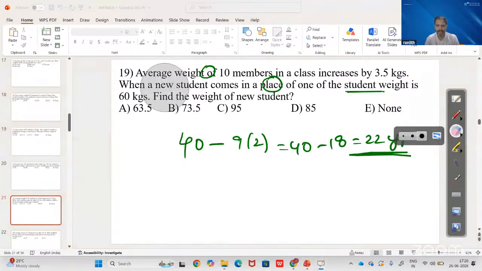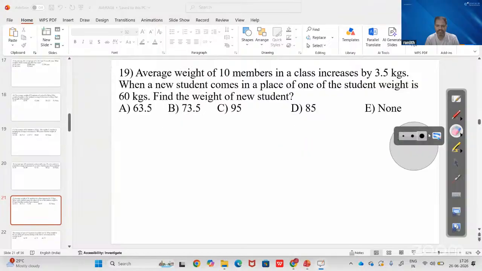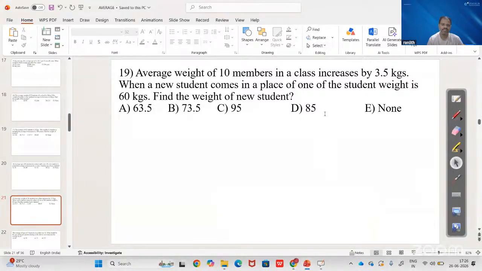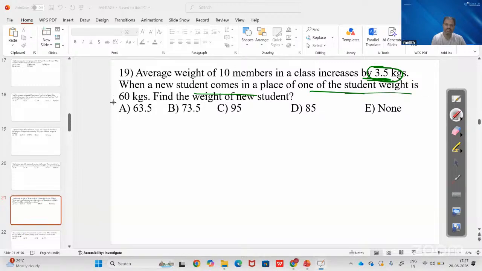Next question. Yes, the answer is 95. The average weight of 10 members in a class increases by 3.5 kgs when a new student comes in place of one of the students whose weight is 60 kgs.